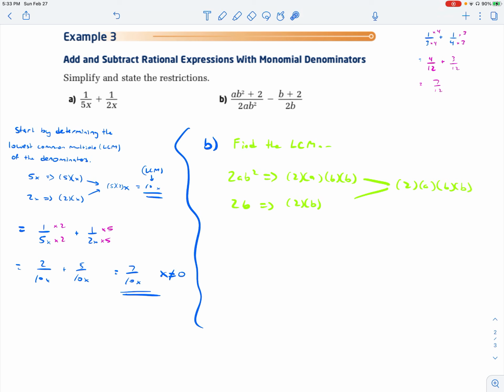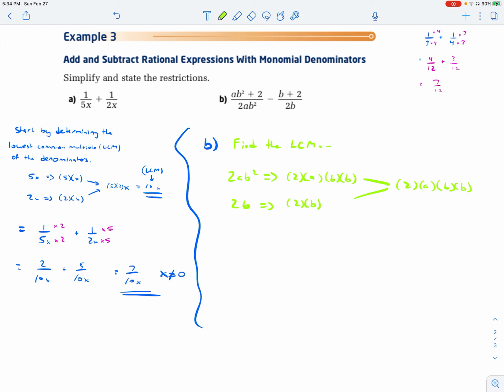That way, I actually don't need to do anything with this here to get this. This one, I just have to multiply by an a and a b, and then I'll get that right here. So I can see this is the lowest common multiple of these two terms.